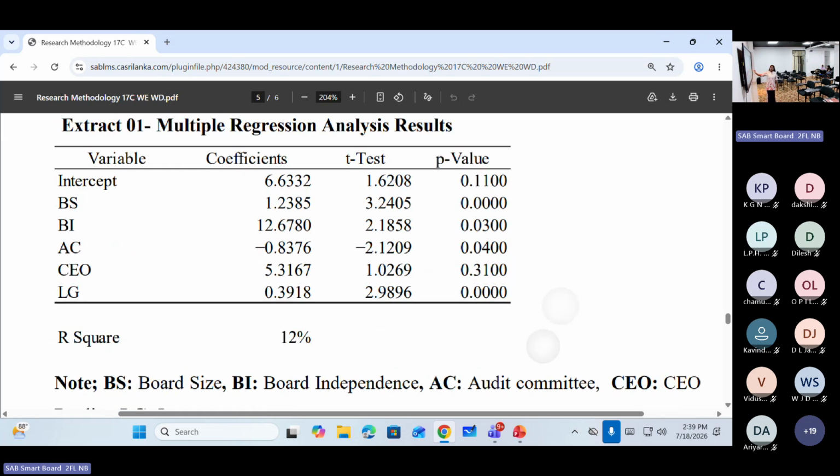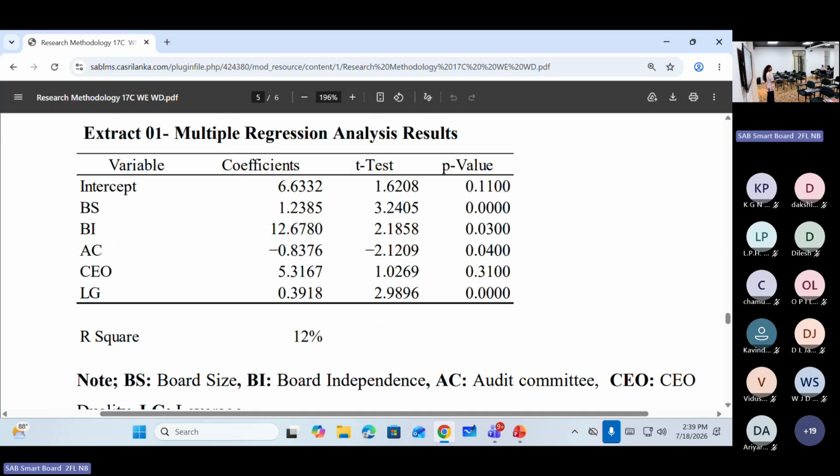Let me know, is CEO duality significant or not? What we input is always a significant impact. Then we receive the result showing a negative, not a significant one.